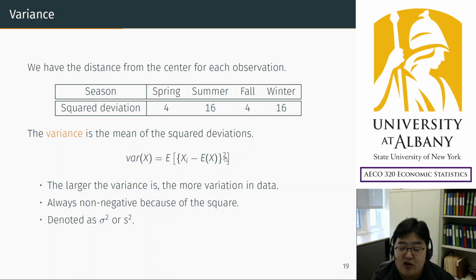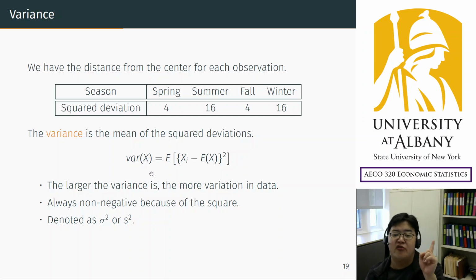And because we took the square, all the squared deviations must be non-negative. It cannot be a negative number. So squared deviations must always be 0 or greater. So variance is always non-negative. If variance is 0, that is possible only when the random variable is a constant.